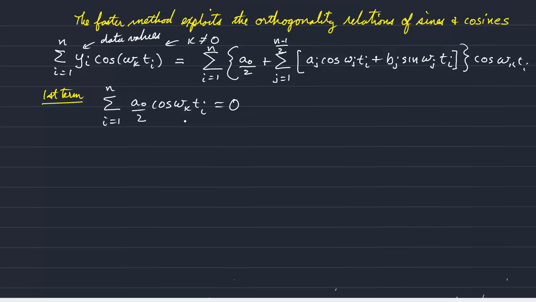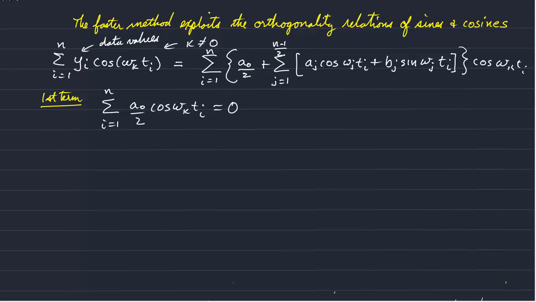If we sum a cosine function over a discrete number of oscillations, we get 0. The area under the cosine function is 0. So let's look at our second term. Actually, let's look at our third term first. Our third term turns out to be the interesting one.